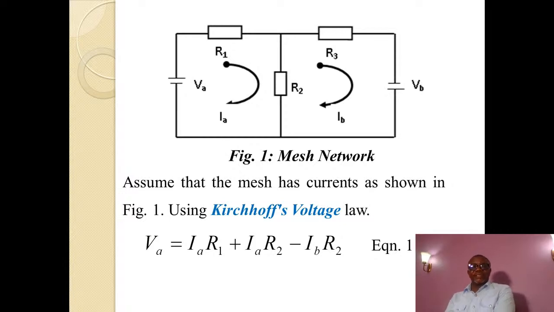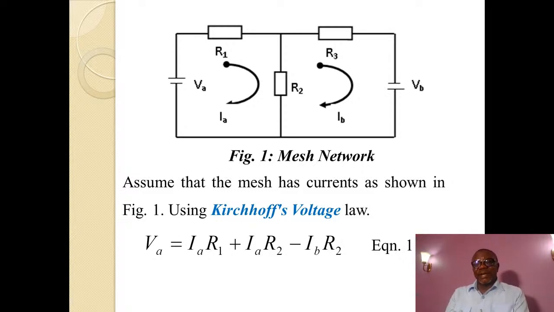Look at this fig 1. We say that it is a mesh network. Just like we said, you see two voltage sources, VA and VB. VA, which is a voltage source, generates a current, which we call IA, and that current passes through the resistor R1 and the resistor R2.